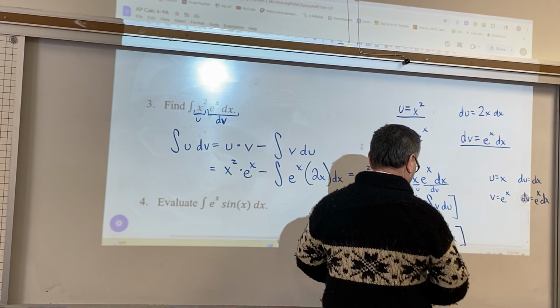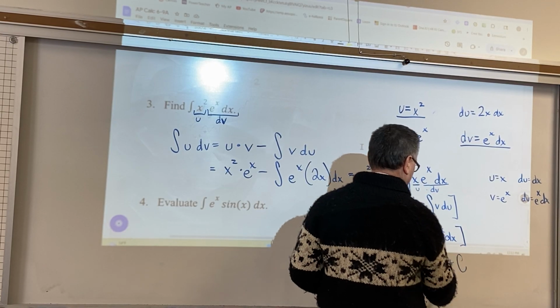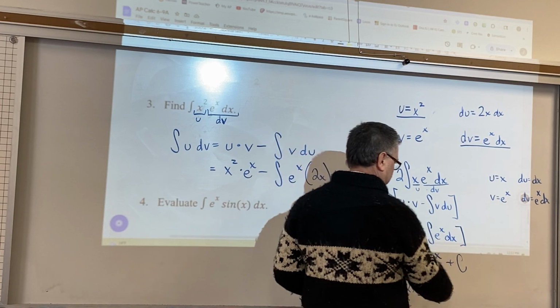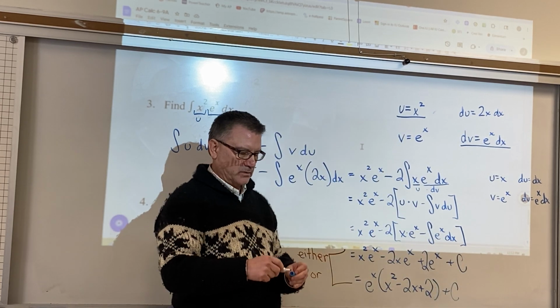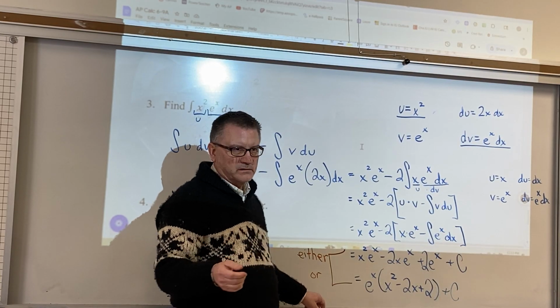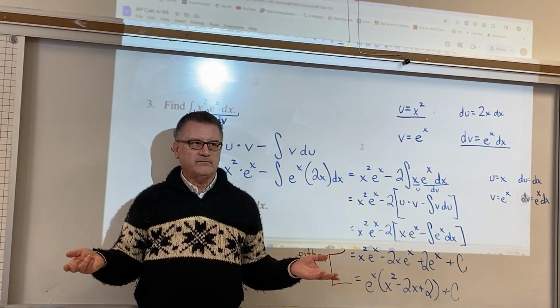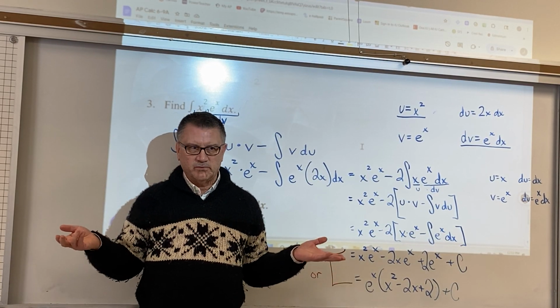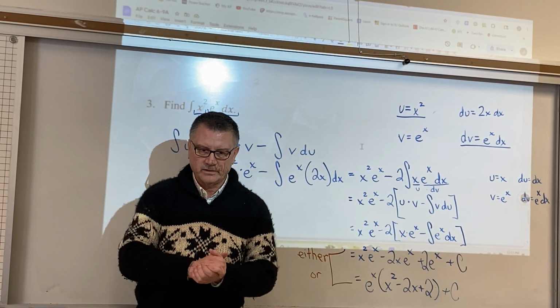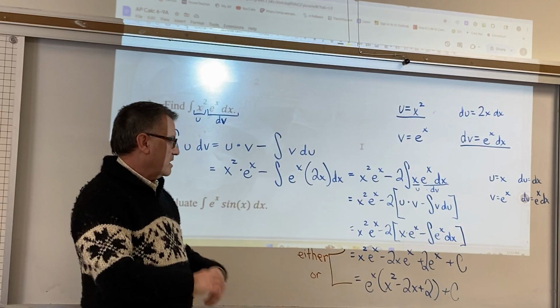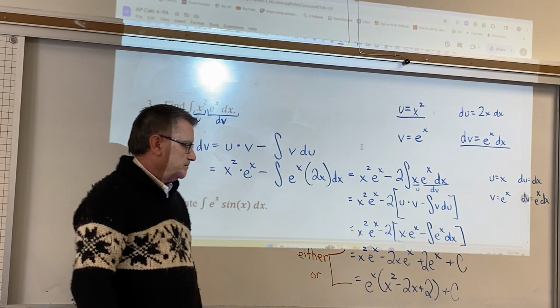I mean, either way, in my notes I just stopped there. If you want to factor out what they have, that's fine. The problem is, if you go further than you need to, you risk an arithmetic error or something. So I would just stop.